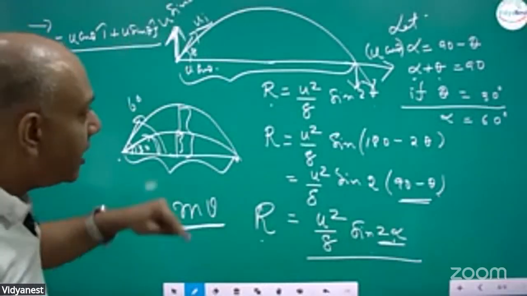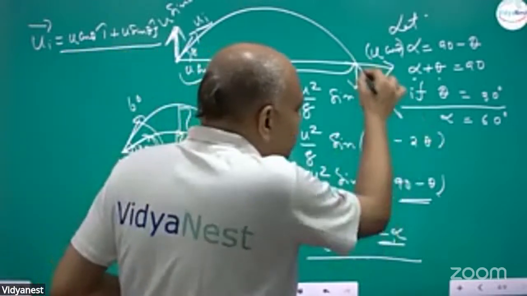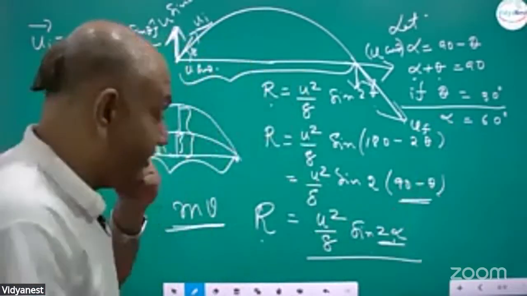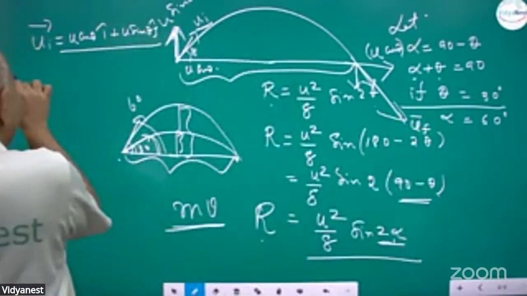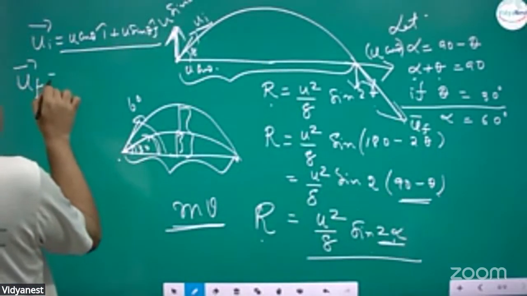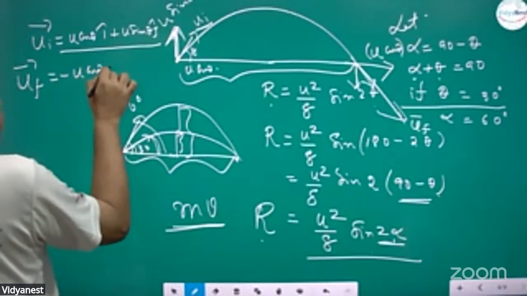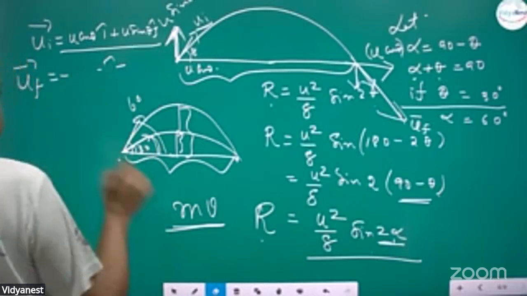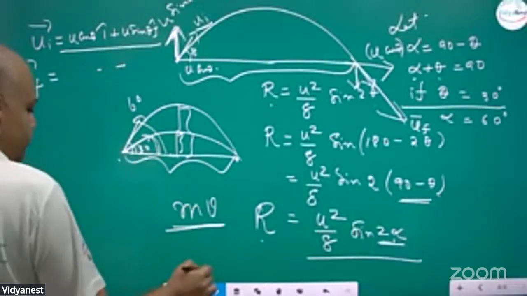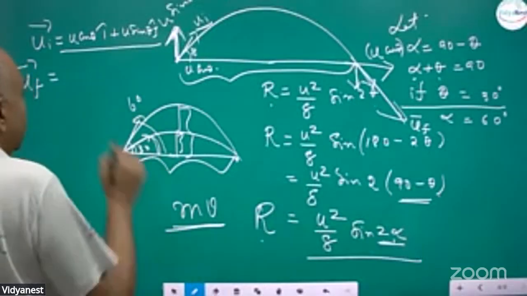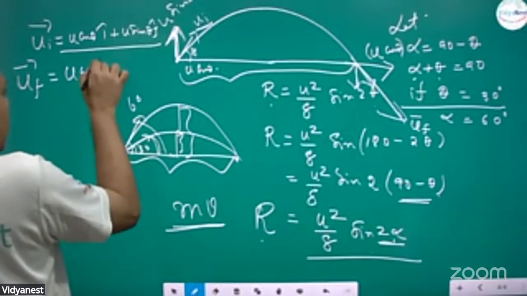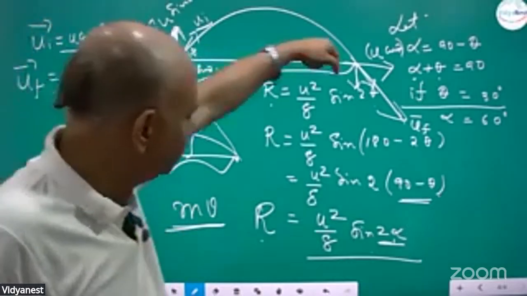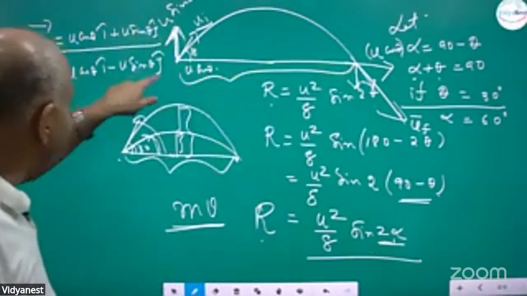Now the final velocity, uf, can be written as, no sorry, u cos theta is not going to change, so u cos theta i cap minus u sin theta j cap, because the vertical component has changed direction, that's why minus u sin theta.